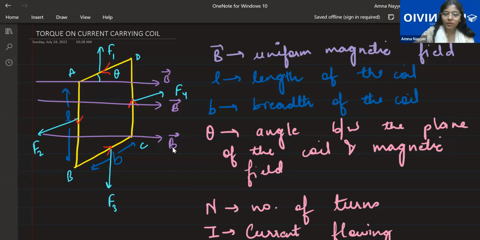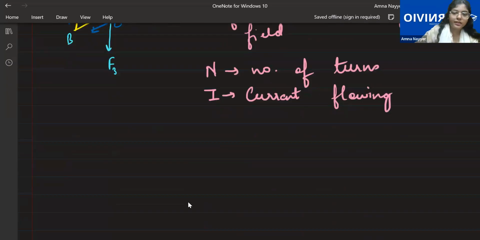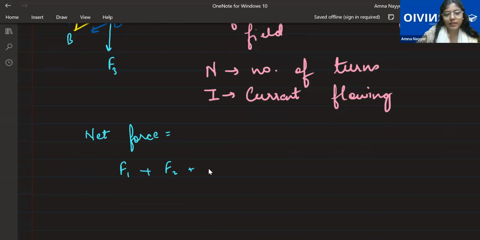N is the number of turns, I is the current which is flowing. So you should remember that the net force will be F1 plus F2 plus F3 plus F4, which is equal to 0. So no translational motion.